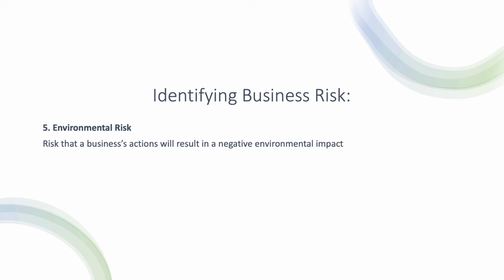What does that mean? The use of non-renewable energy resources impacts air quality, and a lot of underdeveloped countries are still producing energy from coal. So they are negatively impacting the environment. That is the environmental risk. That is just an example.